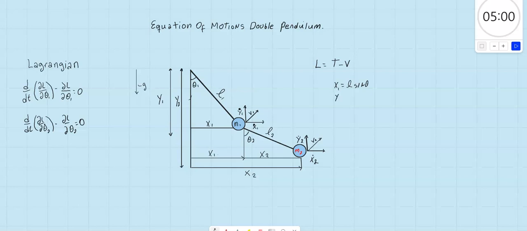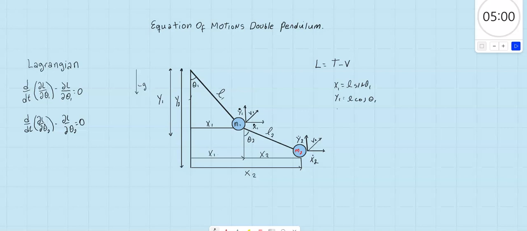My y1 will be the adjacent, which will be L1 cosine of theta 1.